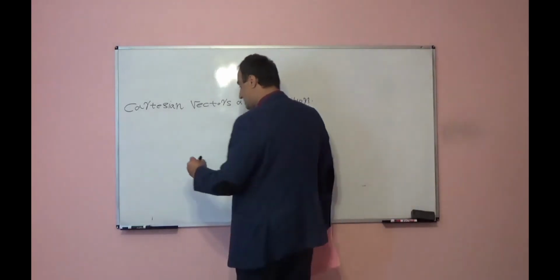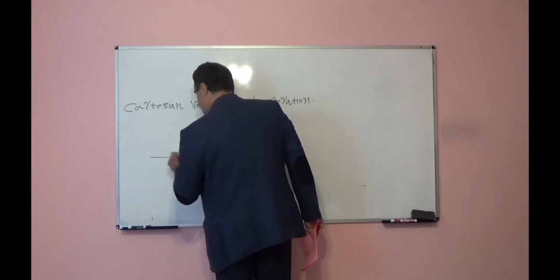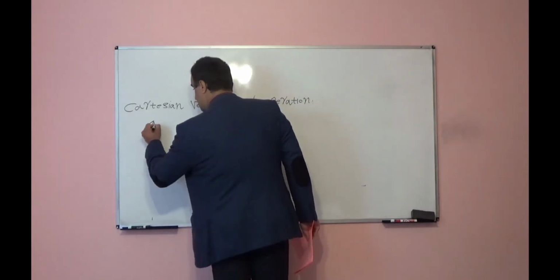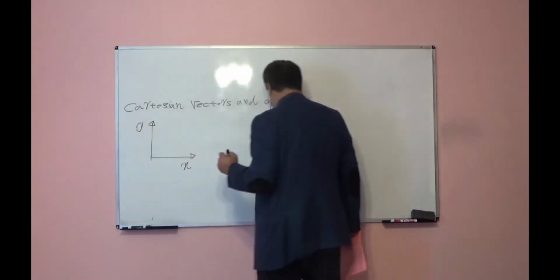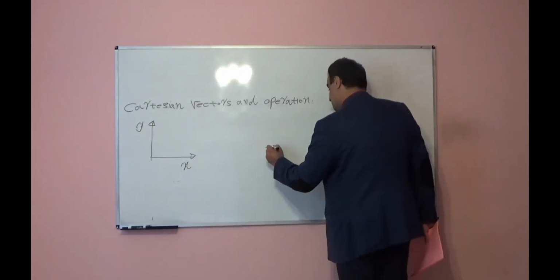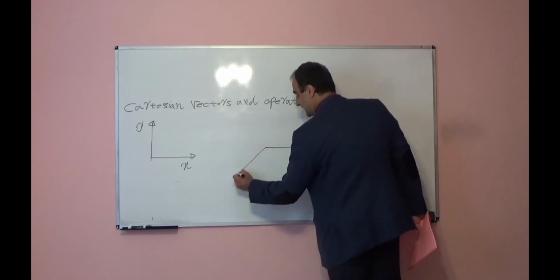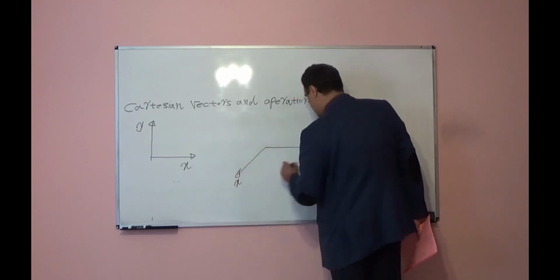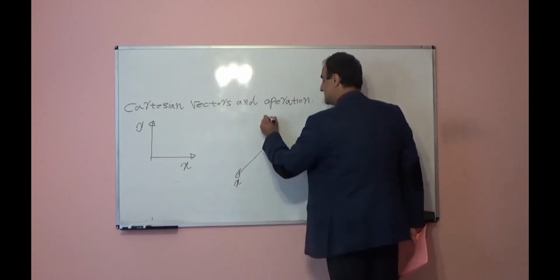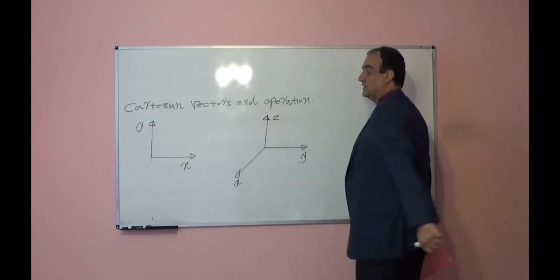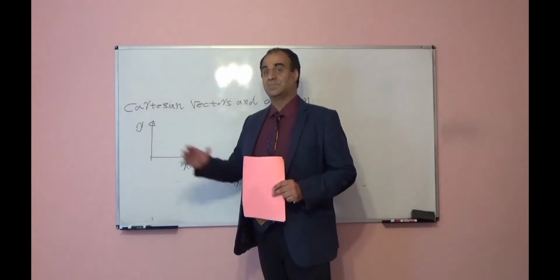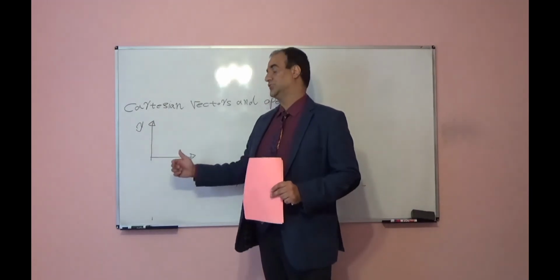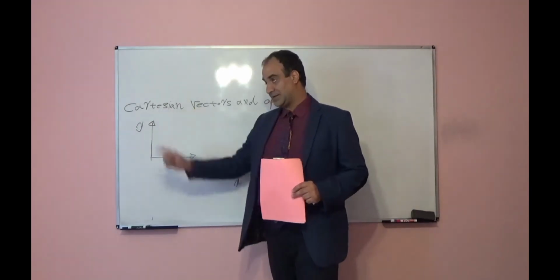If we have Cartesian coordinates, for example in 2 dimensions, this is the x direction, this is the y direction, or we have Cartesian coordinates in 3 dimensions, x, y, z. So in 2 dimensions, in a plane system, we have 2 directions, the x direction and the y direction.